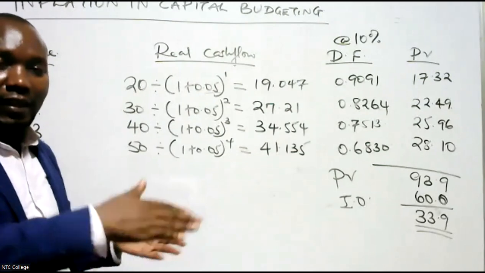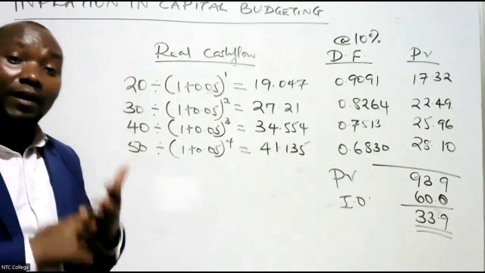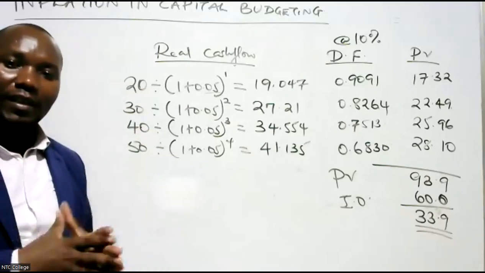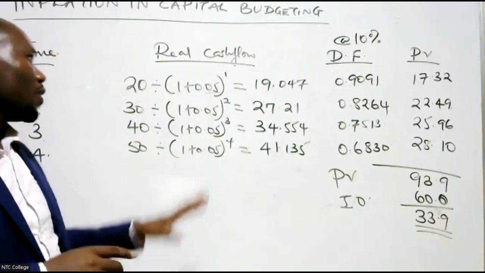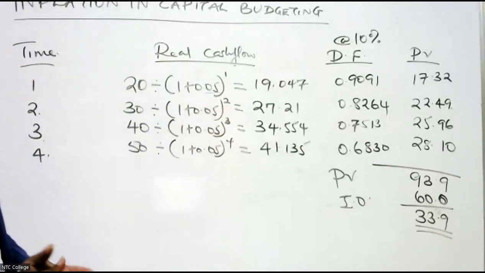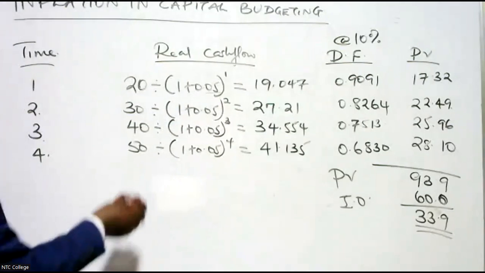We assume that this year it will be the same. But next year, you don't expect the inflation rate to remain the same. 2026 is still the same, 2027 is still the same, not possible. So we now change it with a period. So that is how it is done.